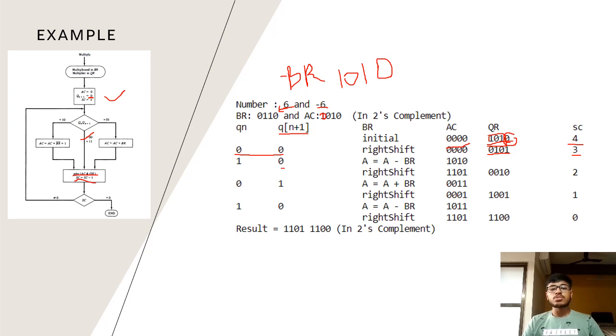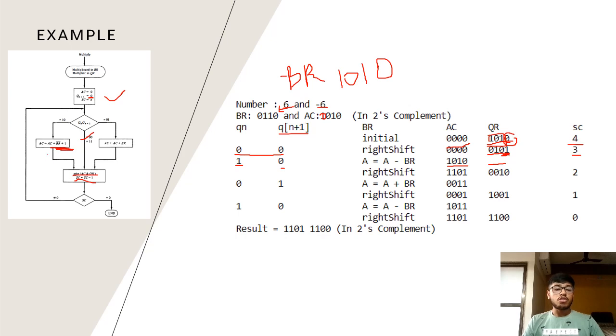So Qn plus 1 becomes 0 and Qn becomes 1. As this combination is 1 0, we will subtract BR from the accumulator. So A equals A minus BR is done here: 0 0 0 0 minus 0 1 1 0 becomes 1 0 1 0, and QR remains the same.